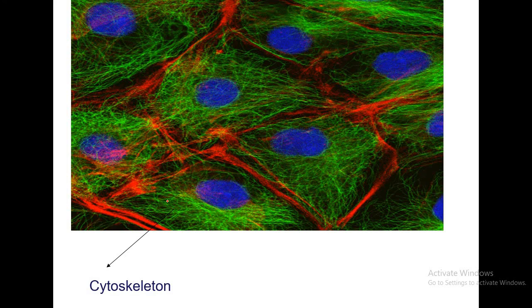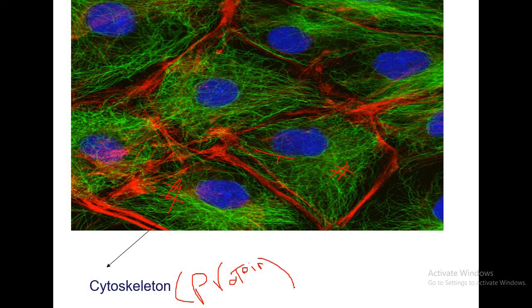Look, this green one is a cytoskeleton inside the cytoplasm. This is a structure present inside the cell. It's made of protein, called protein filament.